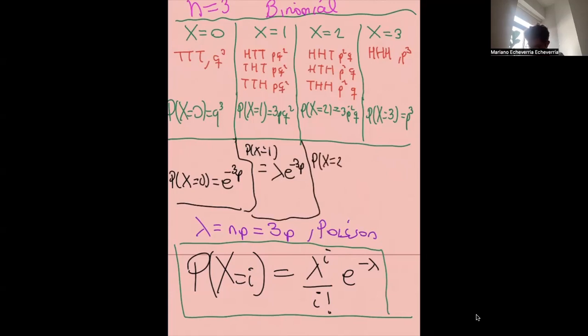For x equals 2, you get lambda squared divided by 2 factorial, which is 2, times e to the minus 3p. And with x equals 3, you get lambda cubed divided by 6, which is 3 factorial, times e to the minus 3p.